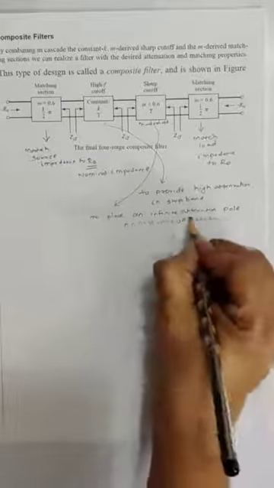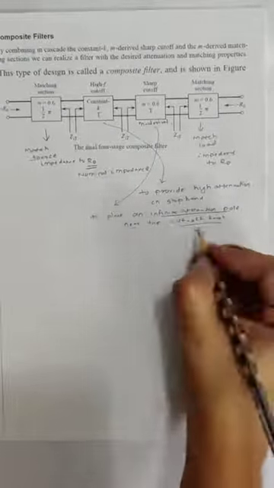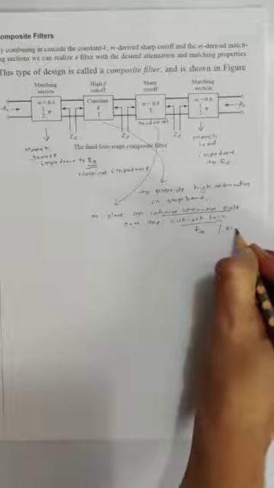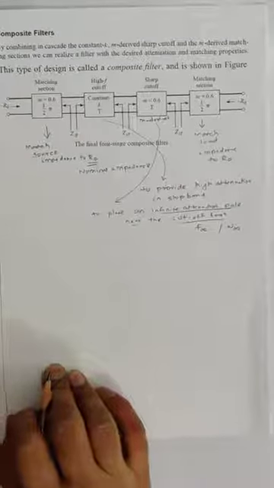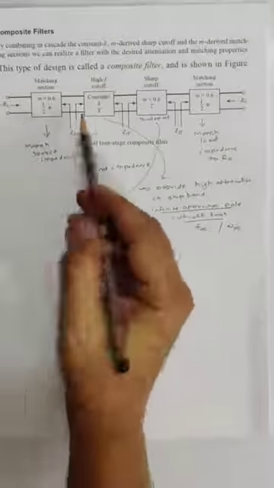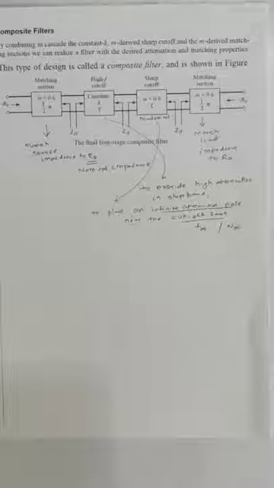So this infinite attenuation pole near the cutoff frequency is denoted as F infinity, or you can say by omega infinity. Now we will see the basic formula related to the designing of this constant K, M derived, and these matching sections.